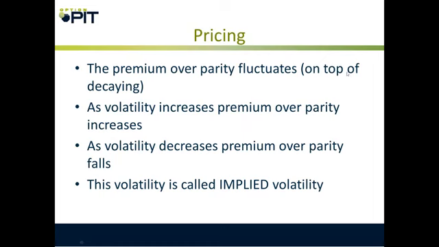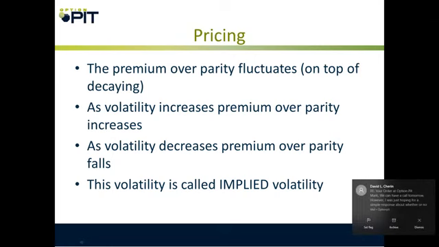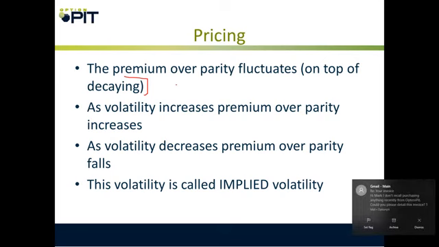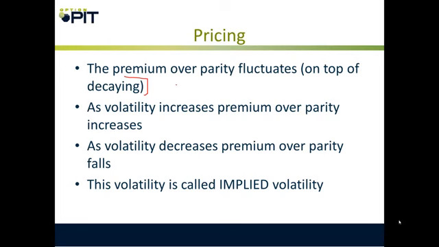The premium over parity fluctuates on top of decaying. So it decays, but it also can go up and down. As volatility increases, premium over parity increases. As volatility decreases, premium over parity falls.